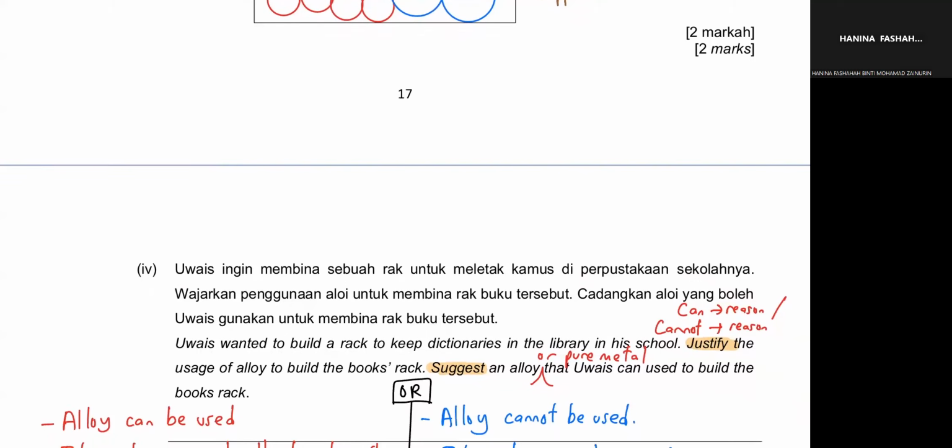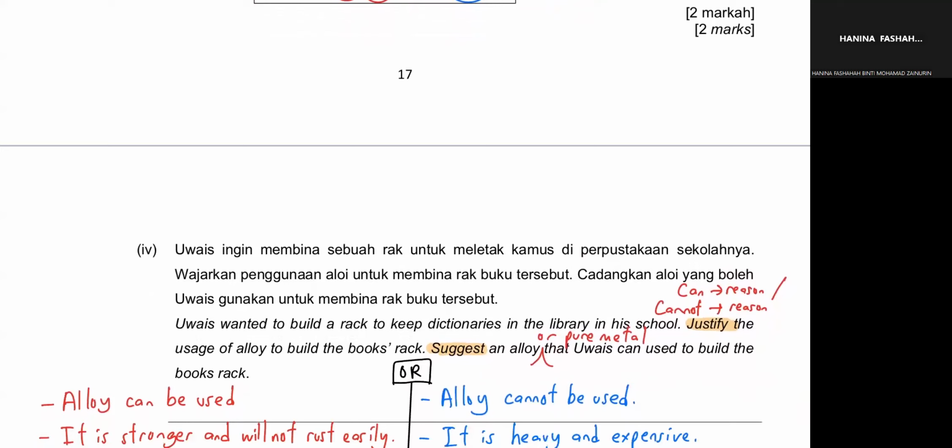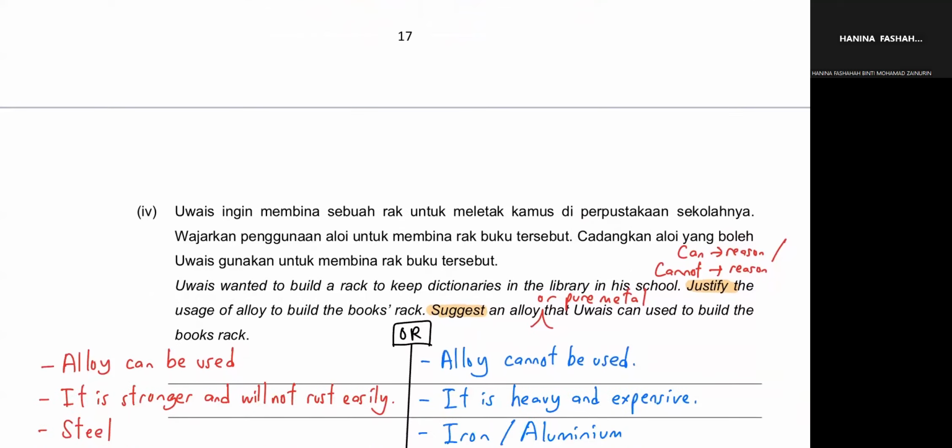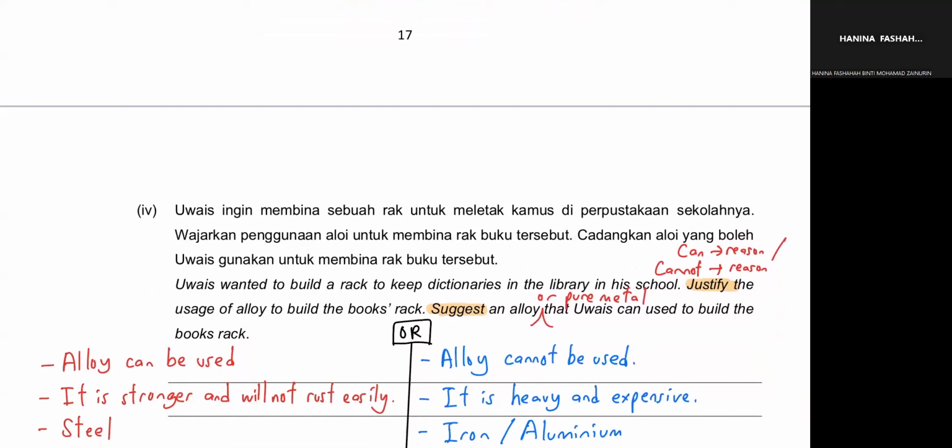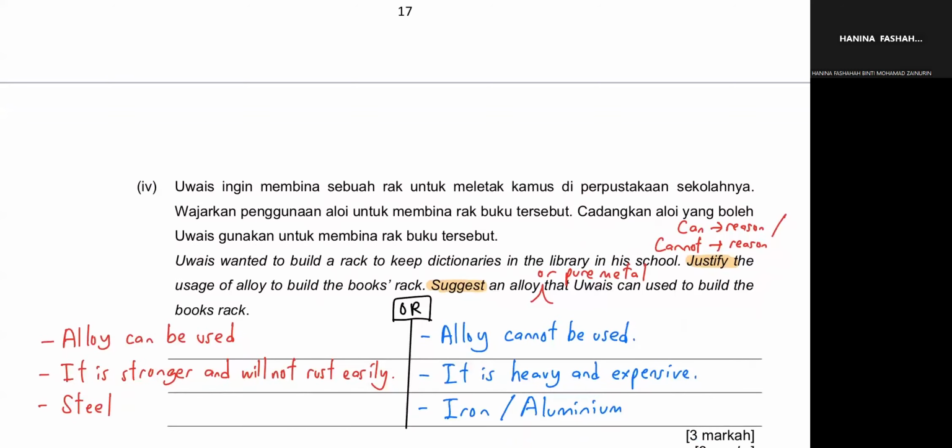If you use alloy, what happens? If you use alloy because, for example, it does not rust easily. For example, you can give steel. If it cannot be used, you can say it is very heavy and expensive.